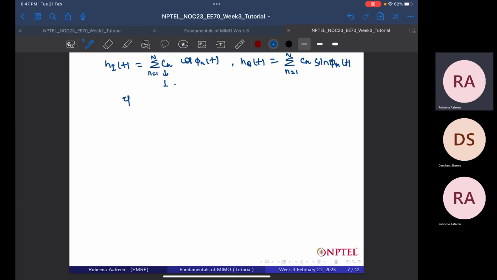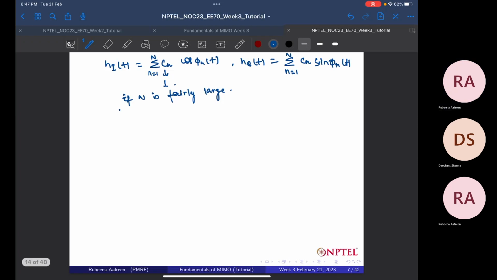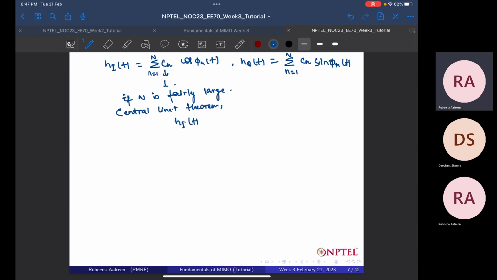So suppose if N is fairly large, can we say by central limit theorem that h_I(t) and h_Q(t) are Gaussian?